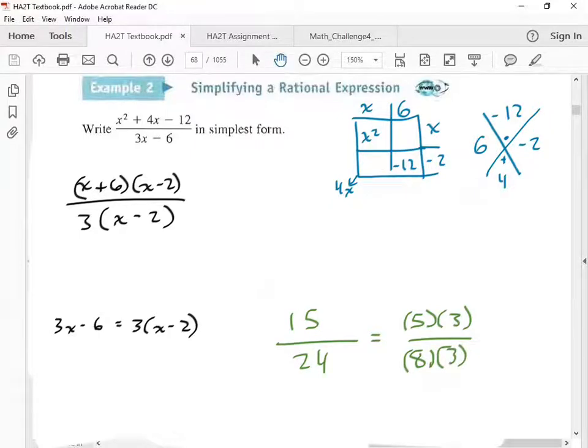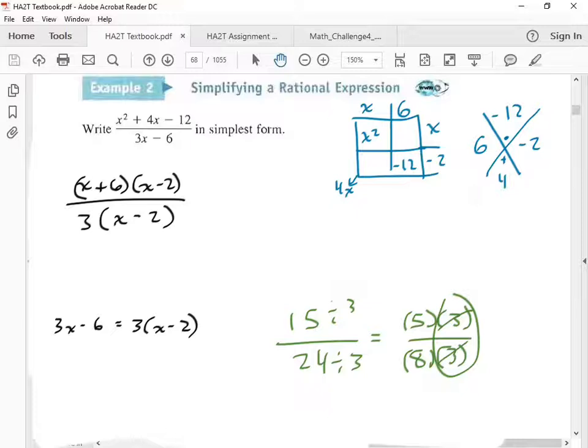What can I do? The 3's can be crossed out. What does that mean when you cross them out? What is 3 divided by 3? It's 1. So that's why it's gone. You could have also divided the top and bottom by 3 to simplify this. You guys understand?